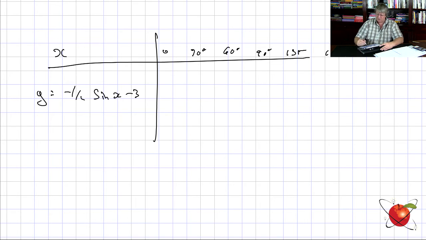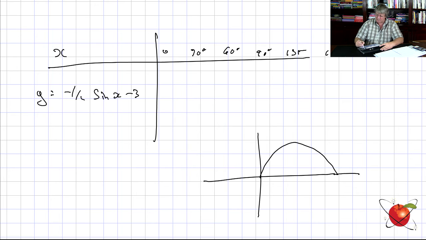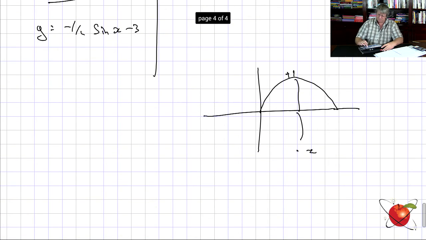Draw the first part. You know that the actual sine graph did that and it repeats there. What is going to happen? Well, this one has gone down, so the original was plus 1. That original has gone down by 3, so it's gone down to minus 2, correct? That's where the peak is now, okay?